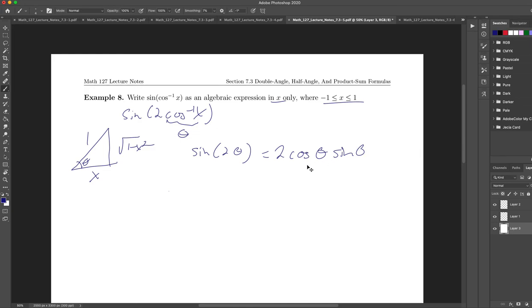Oops, I have that backwards. Does it matter? No. But just for consistency, let's keep it the same. So this is 2 times sine theta, which is square root of 1 minus x squared, times cosine theta, which is x. And so we can write this as 2x times the square root of 1 minus x squared.